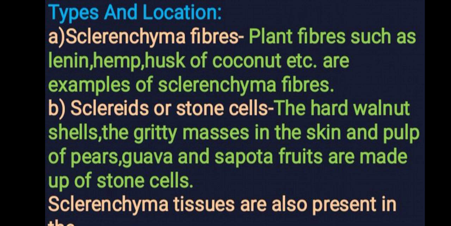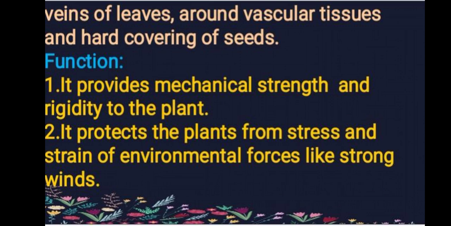The hard walnut shells, and the gritty masses in the skin and pulp of pears, guava and sapota fruits are made up of stone cells. Sclerenchyma tissues are also present in the veins of leaves, around vascular tissues and in the hard covering of seeds.